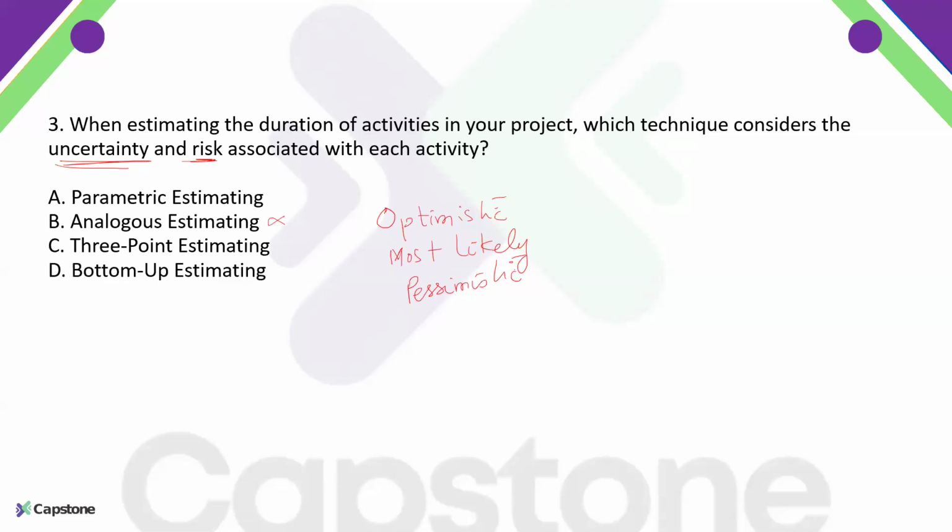Because we are taking three different estimates into account, what could be the optimistic value, what could be the pessimistic, and what could be the most likely one, we are more covered in terms of uncertainty and risk than with the other three methods mentioned here.